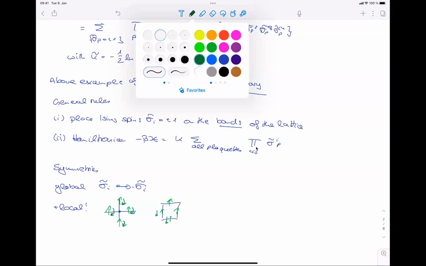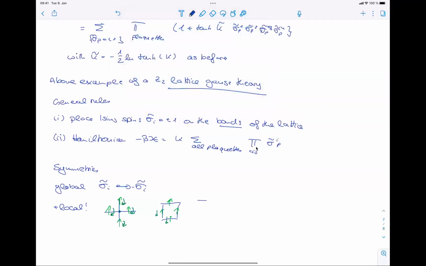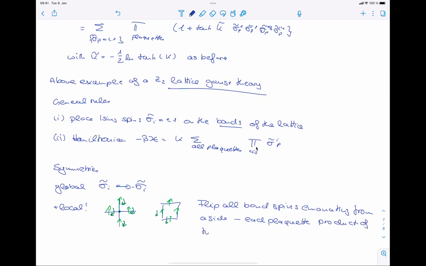It's a local symmetry that I have. So in words, G is unchanged.